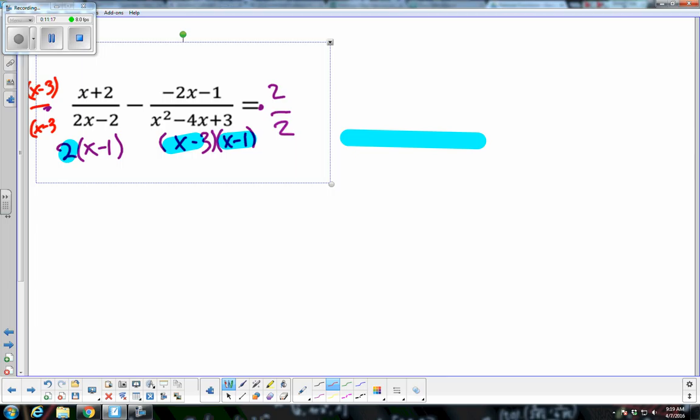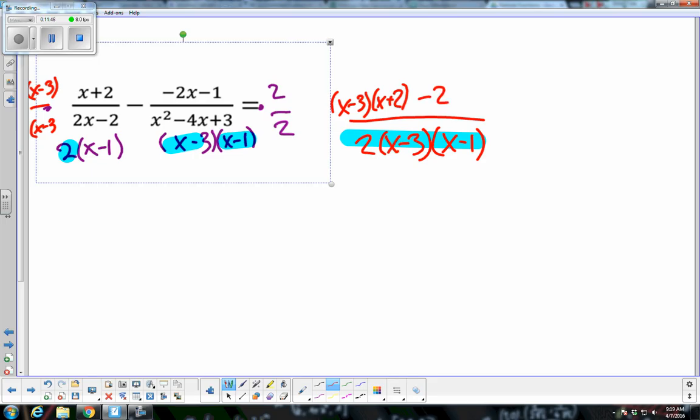All right, so in doing that, the bottom is going to stay exactly what we had highlighted. 2 times x minus 3 times x minus 1. And the top is going to be, well, you got x minus 3 times x plus 2 times, this is going to be minus 2 times negative 2x minus 1.